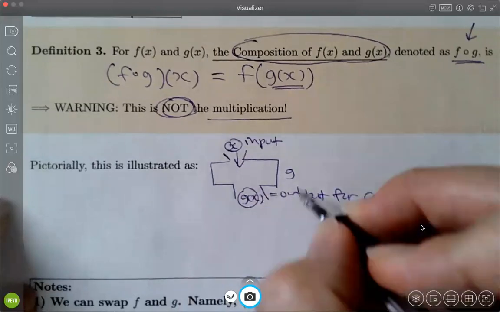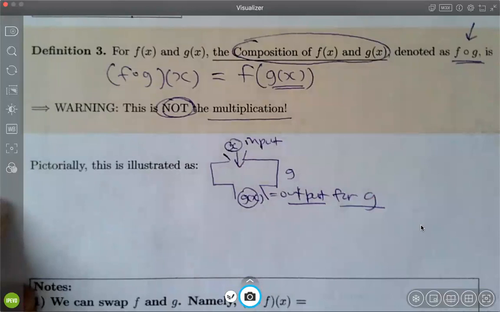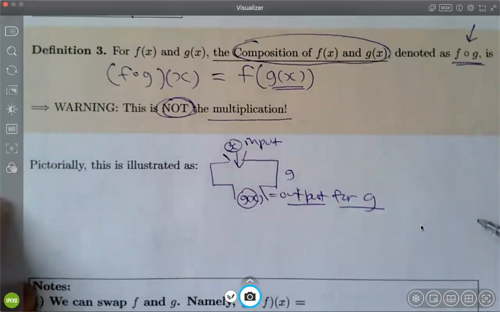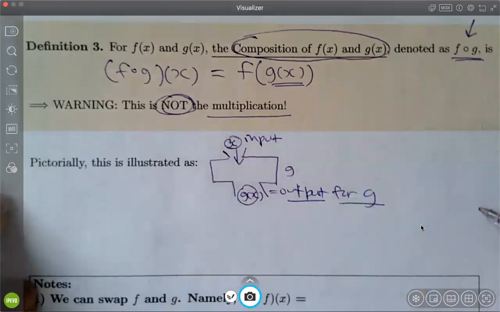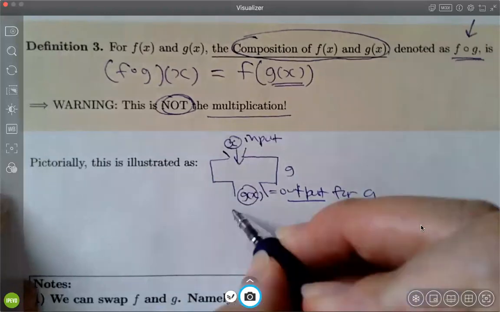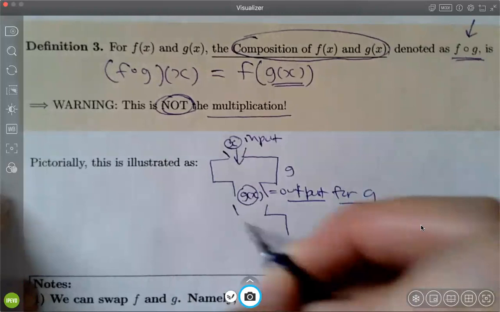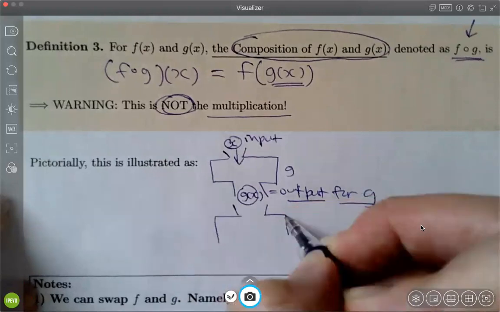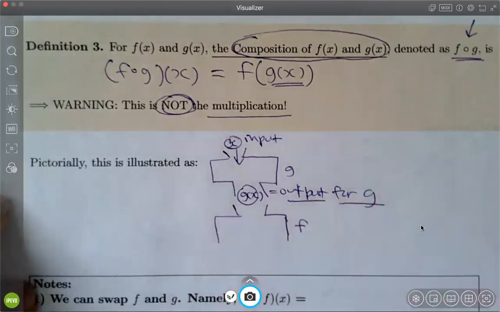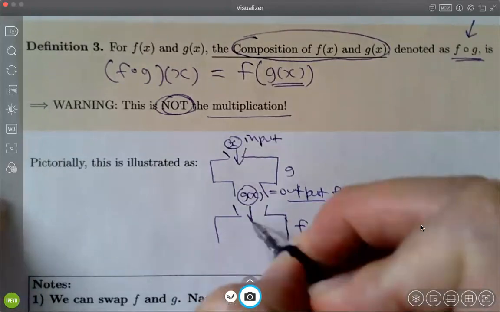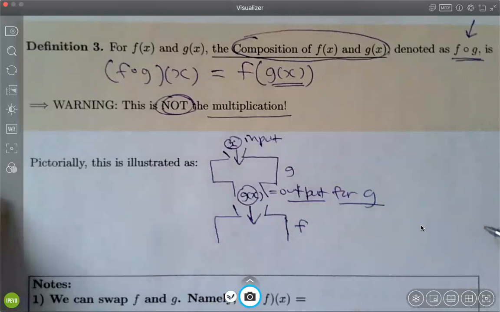And now, when you normally get the output, you are done, right? However, for this composition, right underneath this machine g, there is a machine f. It's so well placed that it's ready to accept this output as the new input.